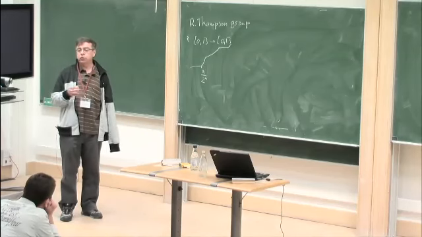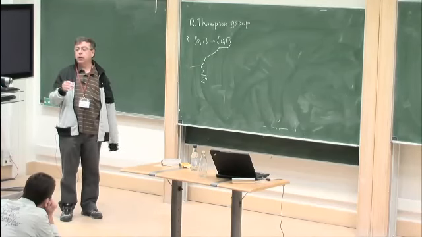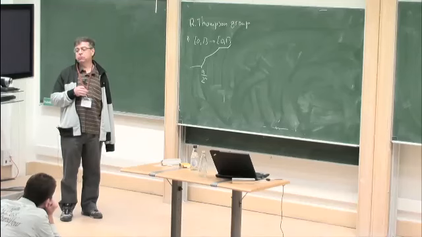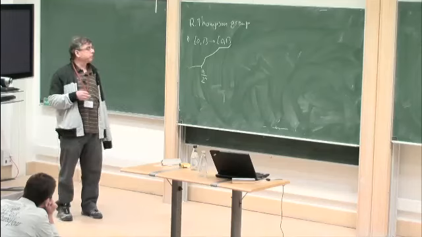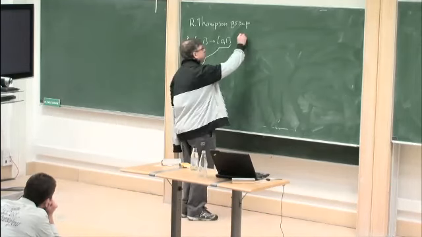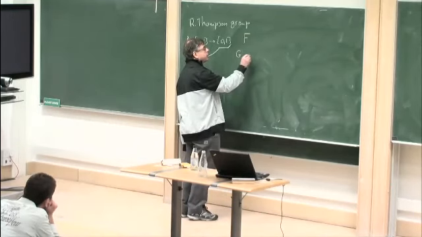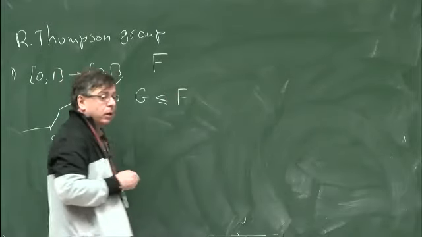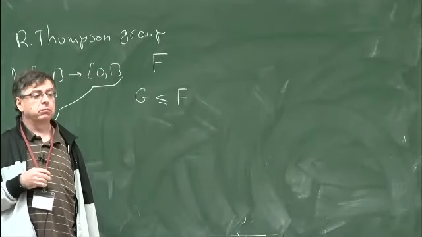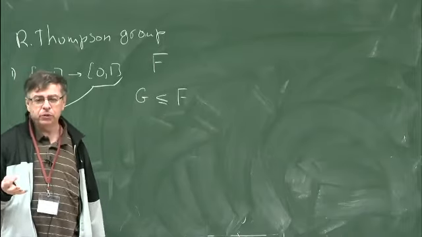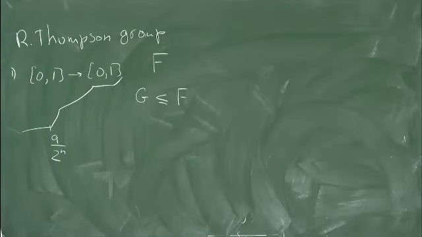If you have this group, which is called F, and you have any subgroup G inside F which is not abelian, then it contains a free abelian subgroup of infinite rank. The abelian subgroups of this group are not something mysterious. They're very easy to understand.